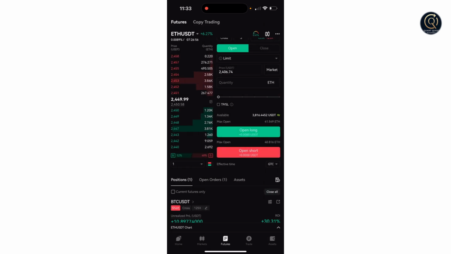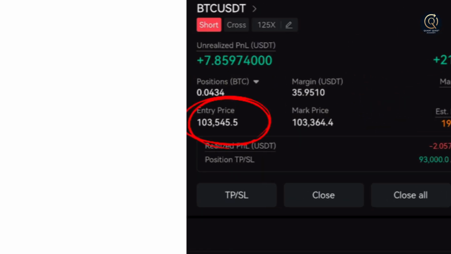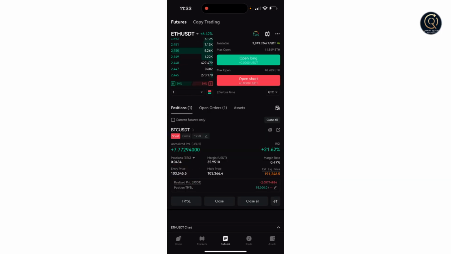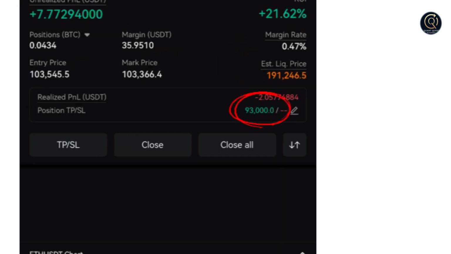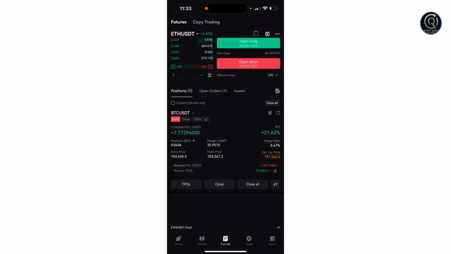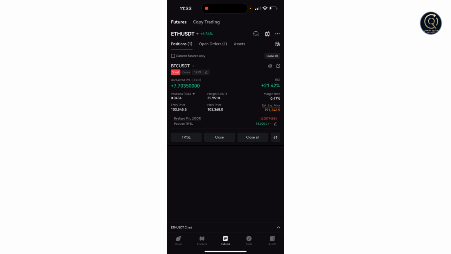So if I come back to my position, I sold it at the entry price of $103,545, and I'm gonna come out of the market at $93,000, if the market is gonna crash, which I'm expecting.